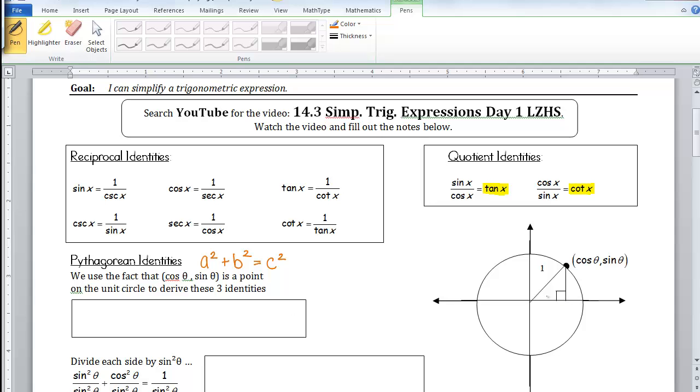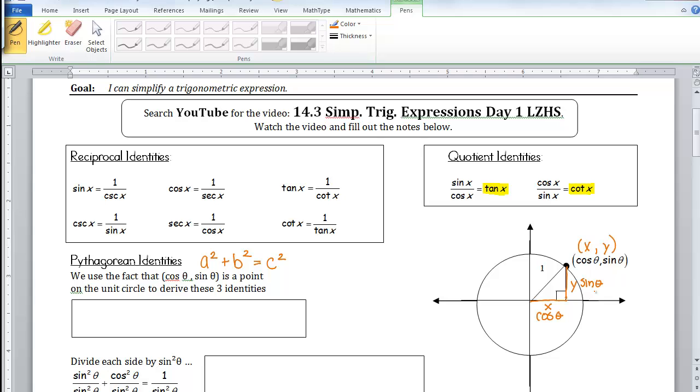Well, from our unit circle, we have a leg, which is the x value, a second leg, the y value, and it happens that cosine is that x value, sine is that y value.